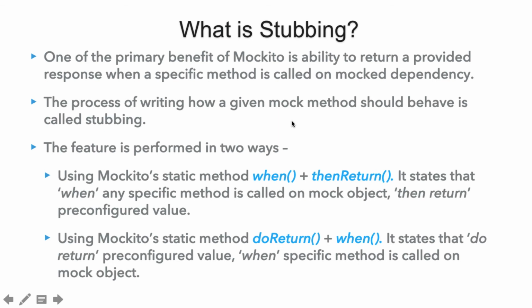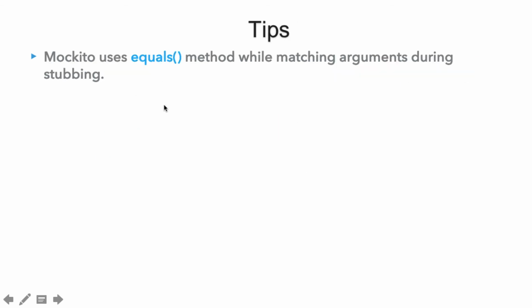Whatever arguments we provide in the when method, when we execute our test and the call reaches our mock dependency, Mockito uses the equals method to check whether what we have stubbed matches. In case you don't get this tip, in our next lecture we'll see a demonstration of it.